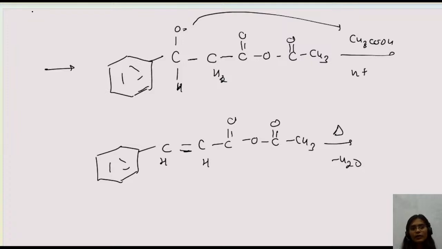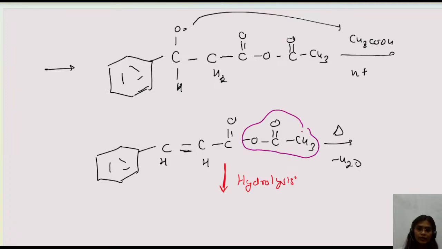But since in this case we are going to get crotonaldehyde, what is the next step? The next step is going to be the hydrolysis step. What is the meaning of hydrolysis?